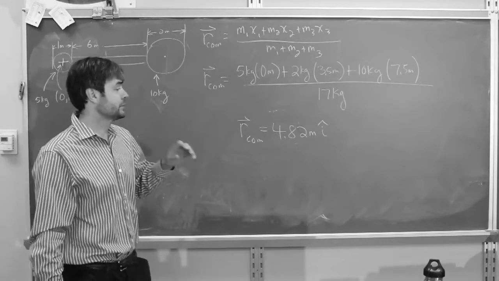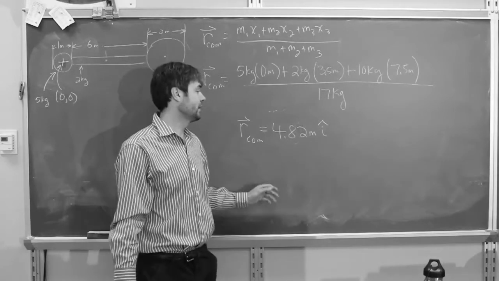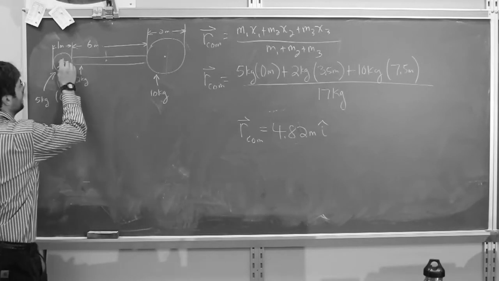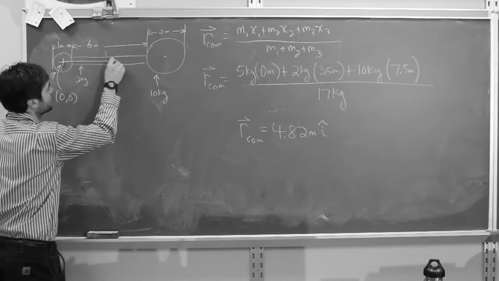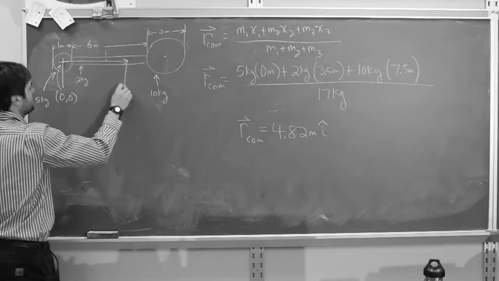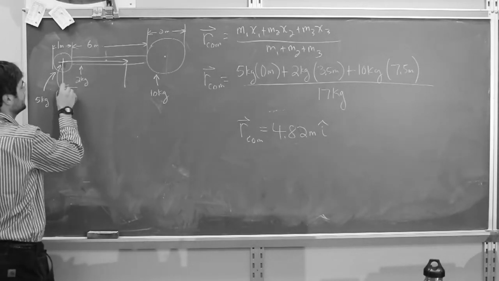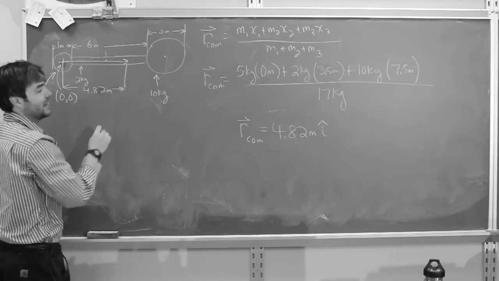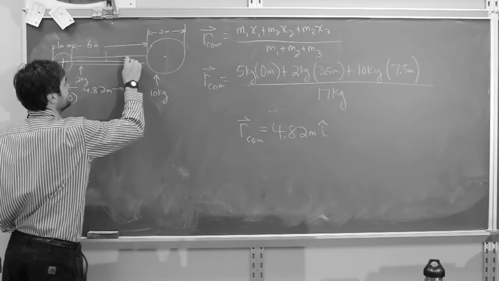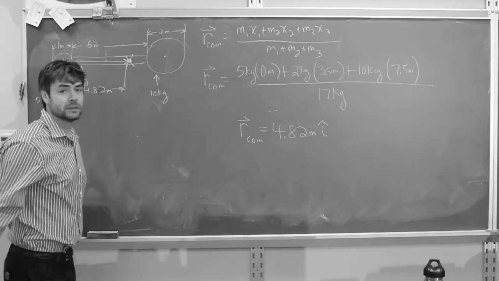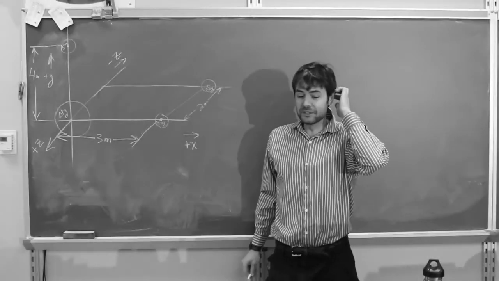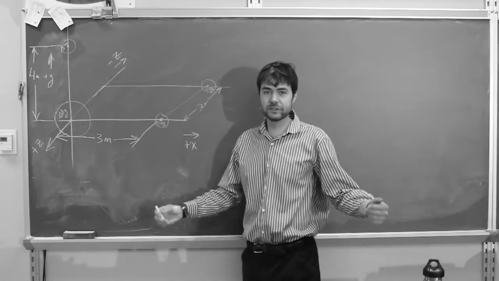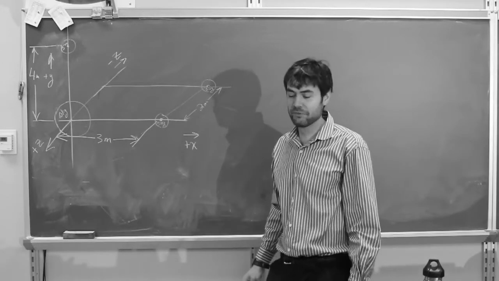These are all x's. So where is the center of mass? Go back to here. We go out 4.82 meters in the i-hat direction, and our center of mass is right there. This problem's a little bit more difficult because it's in 3 dimensions, but it's still the same formula, the same physics.